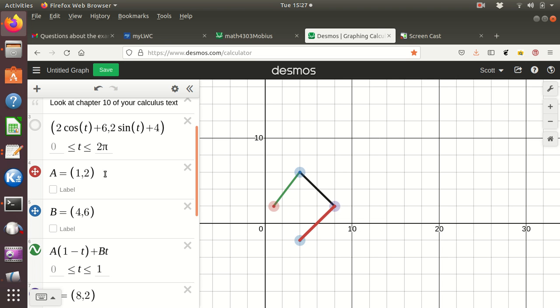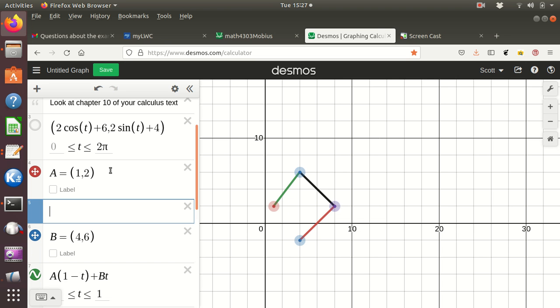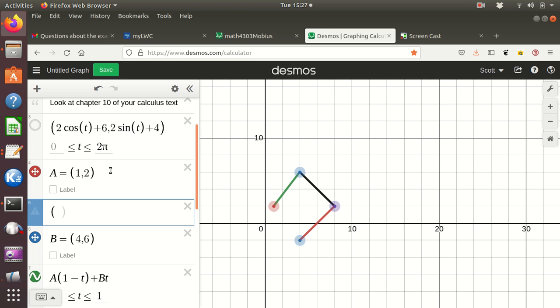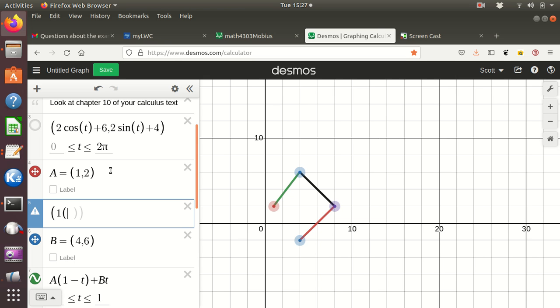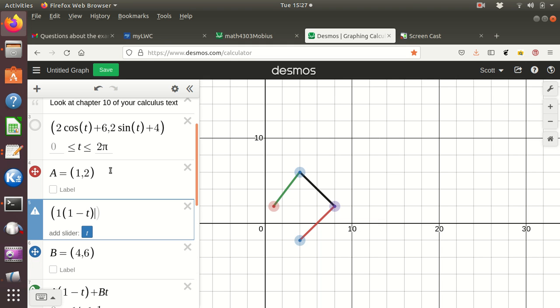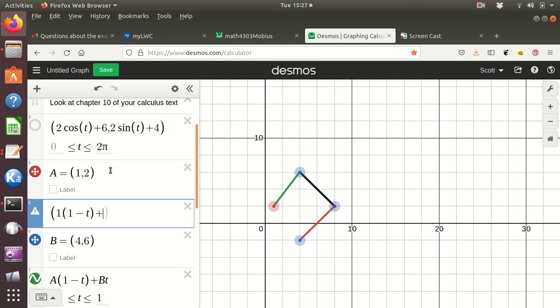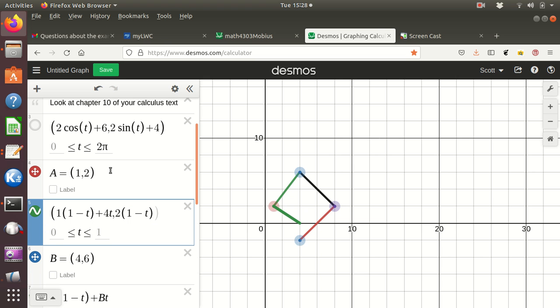Well, I could have taken the components: 1 times 1 minus t plus, and the B was 4, so 4t, comma, and then 2 times 1 minus t, and the 6, so plus 6 times t.